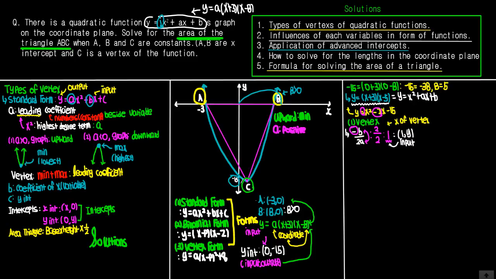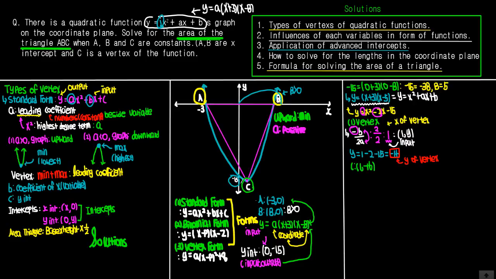So let's input 1 into our original function. y is equal to 1 minus 2 minus 15, which is negative 16. Negative 16 is our y coordinate of the vertex. So our first point C is 1 comma negative 16.